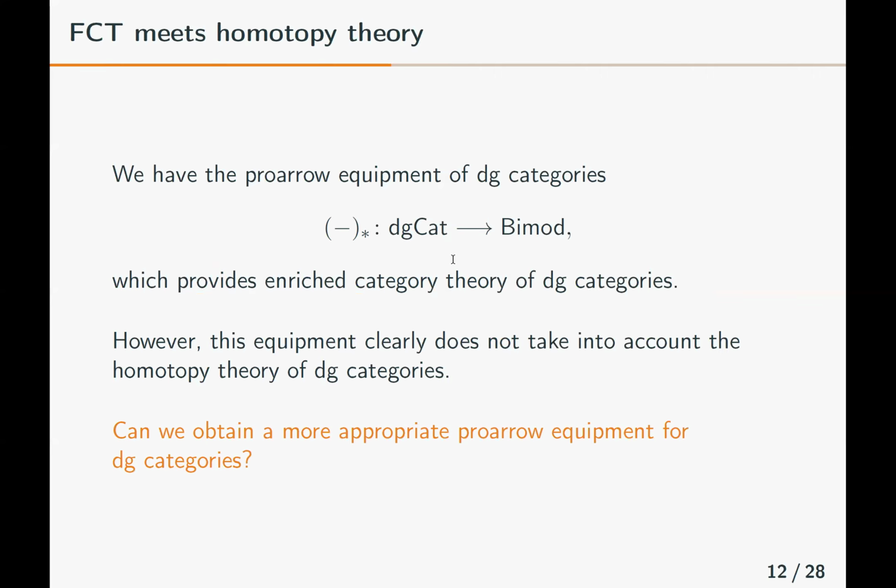However, it completely ignores the homotopy theory of DG categories. DG categories are naturally identified up to quasi-equivalence, but this equipment does not see quasi-equivalences, and the weighted limits in it are not invariant under quasi-equivalence.